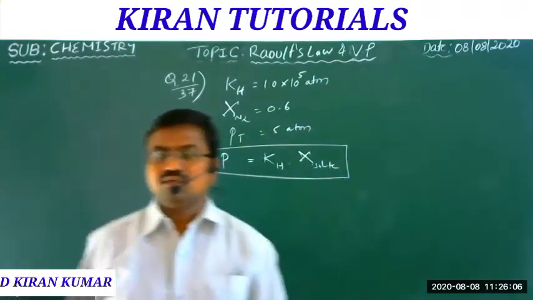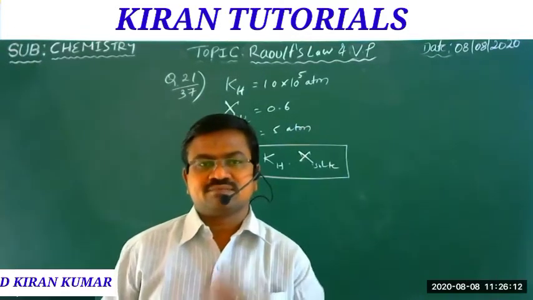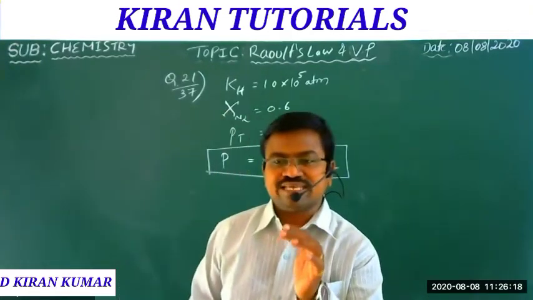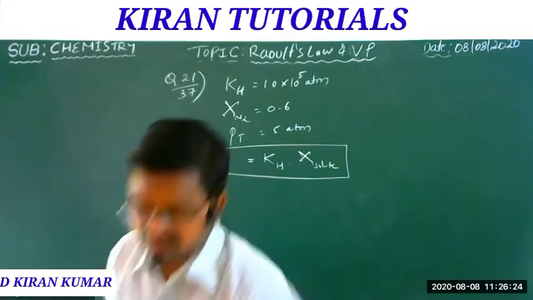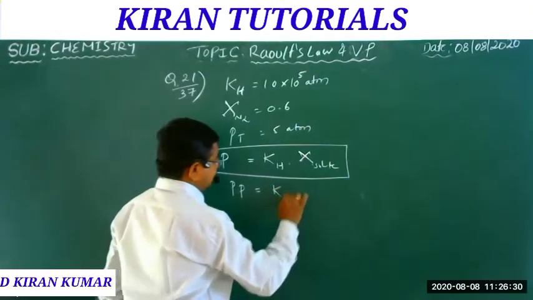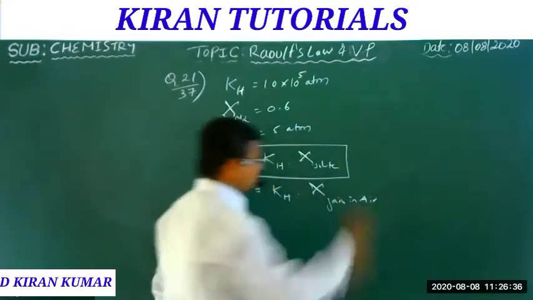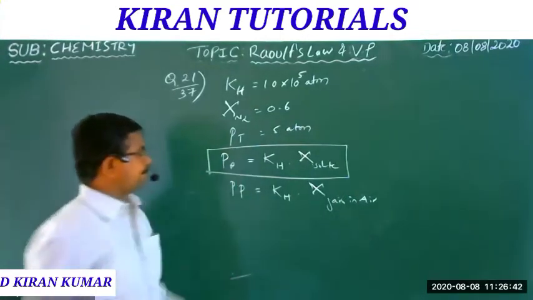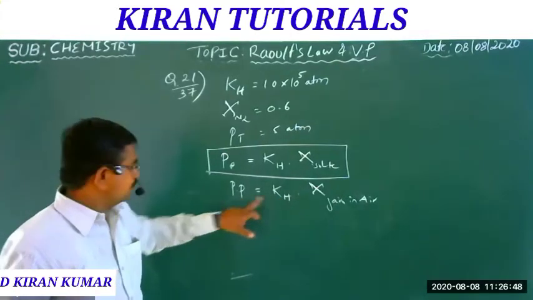Partial pressure equals total pressure into mole fraction of gas in air. So partial pressure is equal to KH into mole fraction of gas in air. Clear? First we have to calculate the partial pressure. Partial pressure is not given, we have to calculate it. What about KH?